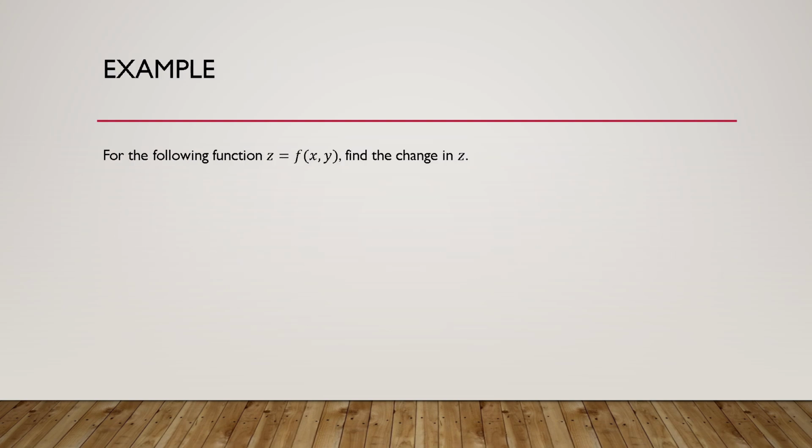For the following function, z equals f of xy, find the change in z. Z equals x squared plus y squared from 1, 3 to 1.1, 3.2. Delta z equals f of x sub 0 plus delta x, y sub 0 plus delta y, minus f of x sub 0, y sub 0.